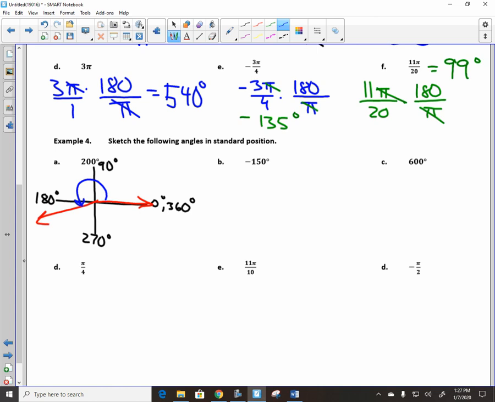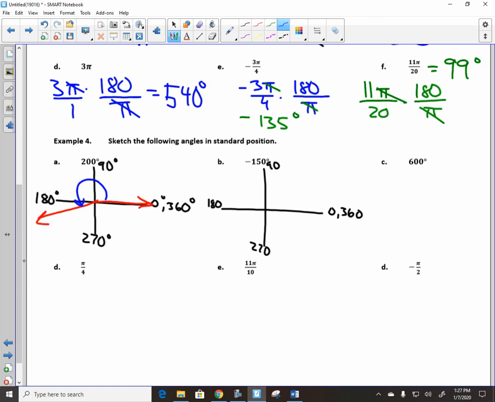The next angle is negative. This is where you really want to make sure you're paying attention. It's not difficult, it's just new. It's something you haven't seen before. Forget the negative. Suppose I were to do 150 degrees.